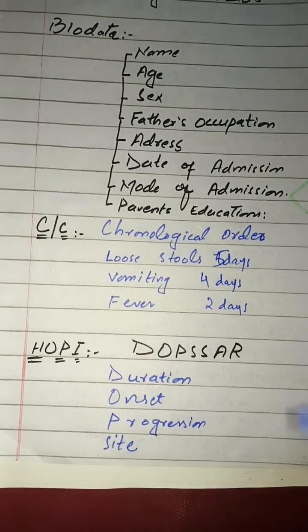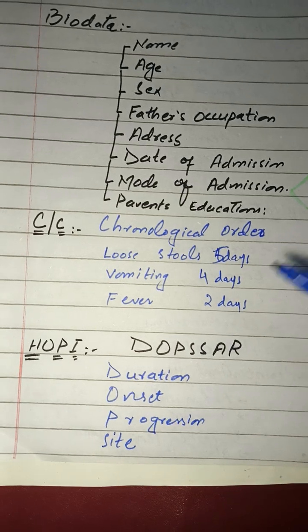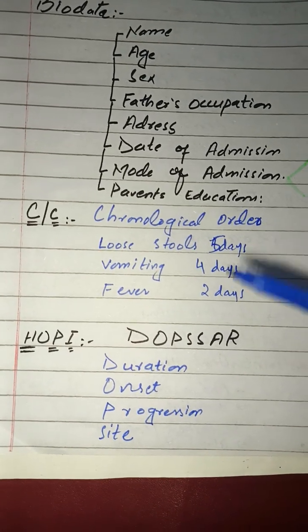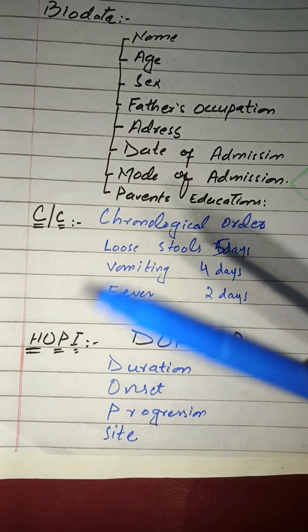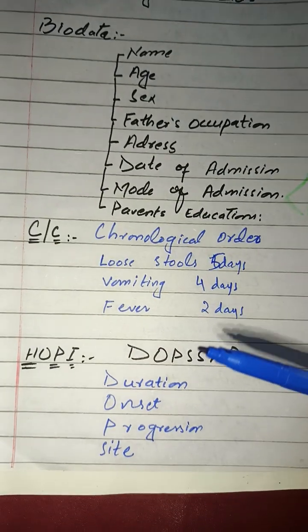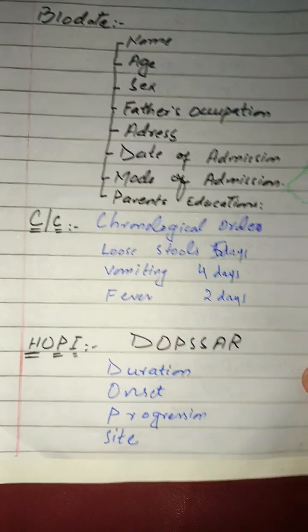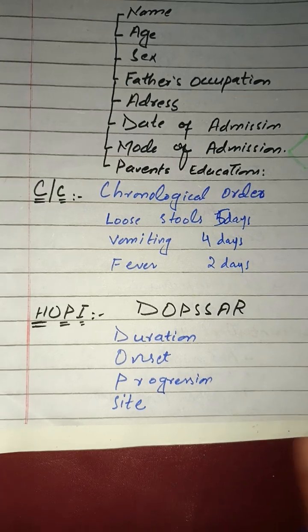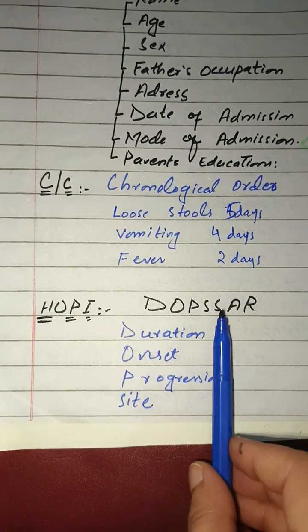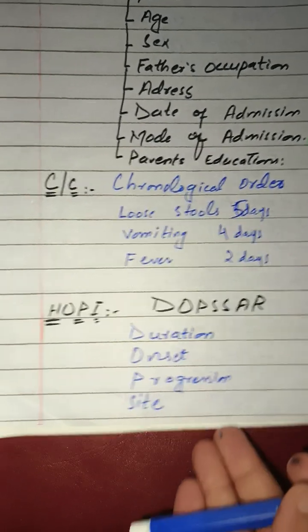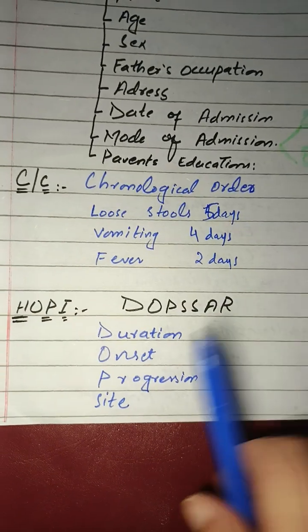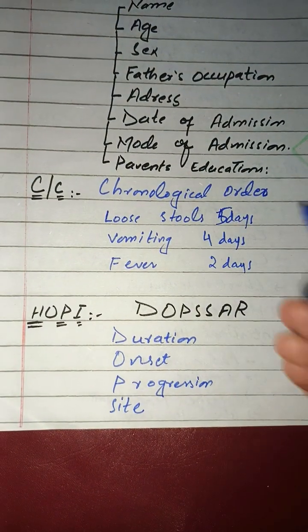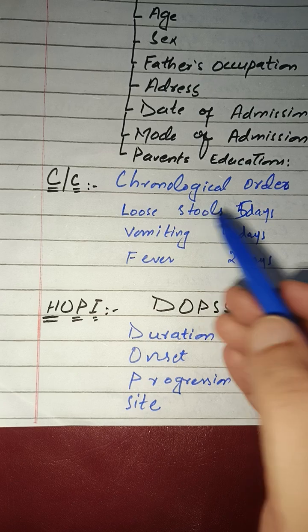Then we will elaborate our chief complaints by the history of presenting illness, in which we will ask about different things, for which I have made a mnemonic, DOPSAR. In DOPSAR, we will ask about the duration first. Our first chief complaint is loose stool.